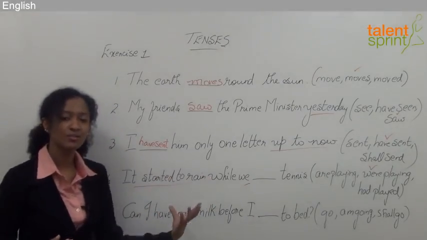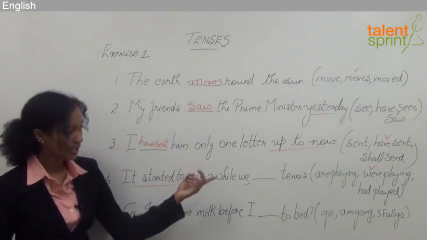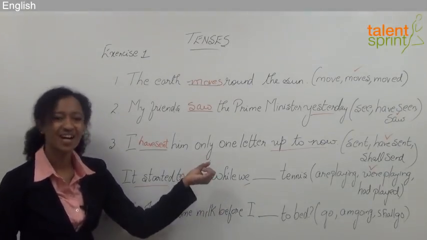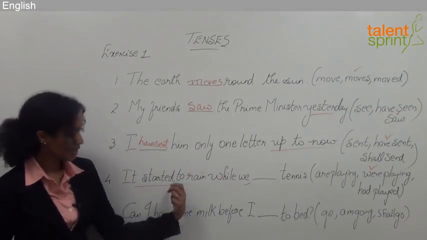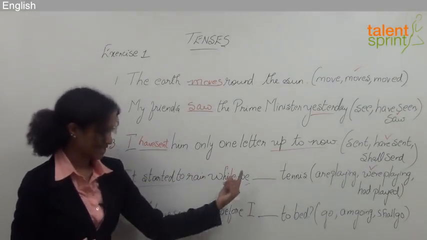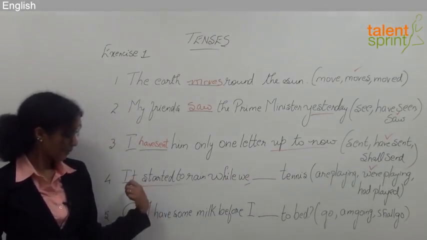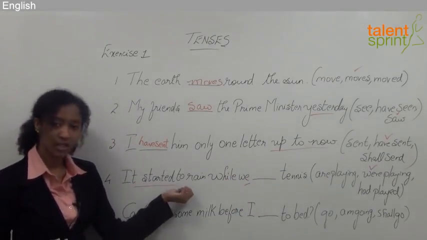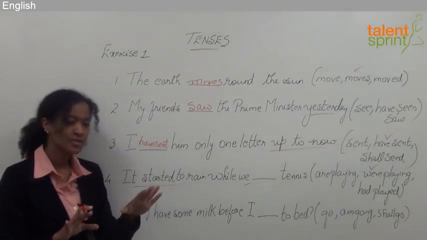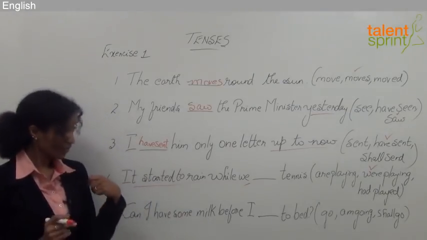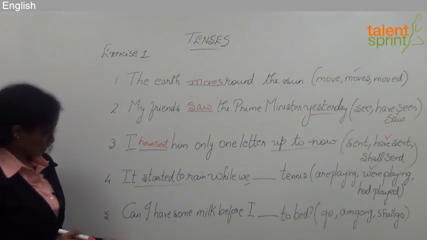What is this communicating? Here it is the past continuous form, right? It started to rain while we were playing tennis. So this part has to be the past continuous form, right? It started to rain is almost something that just about began, right? Let's move to the last one.